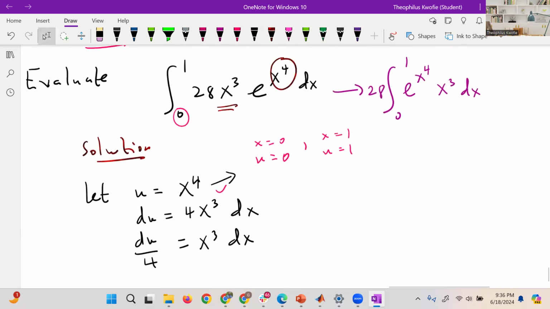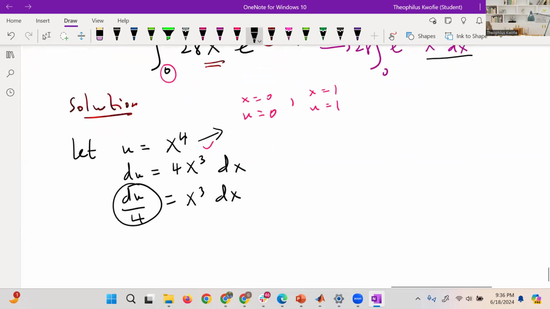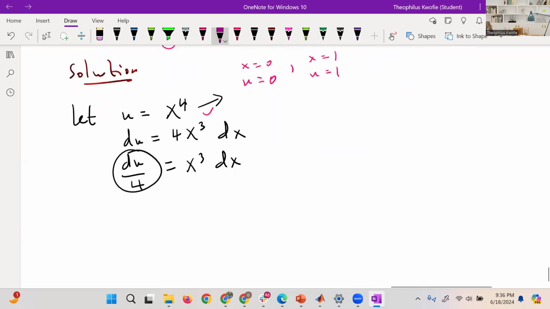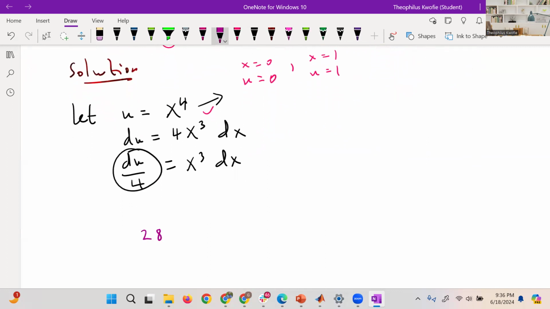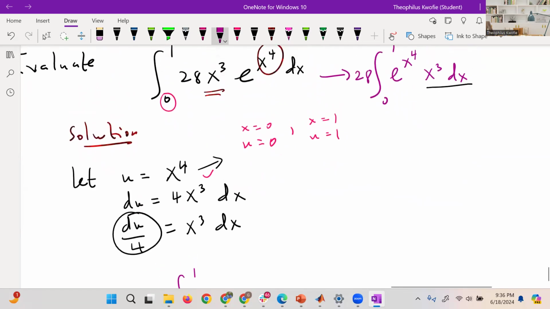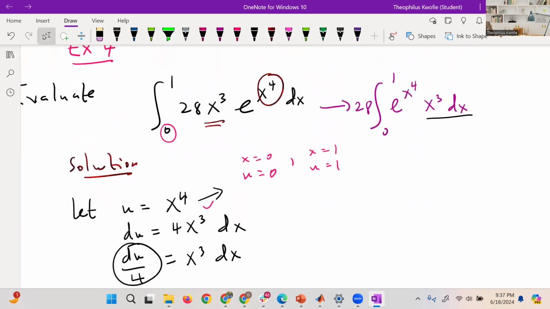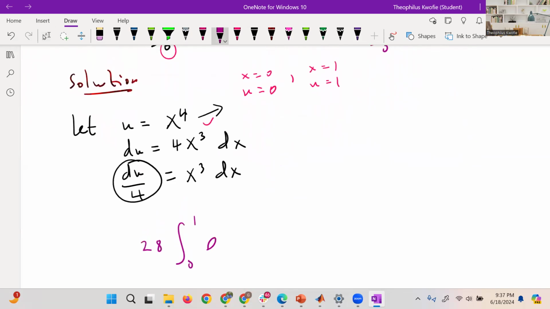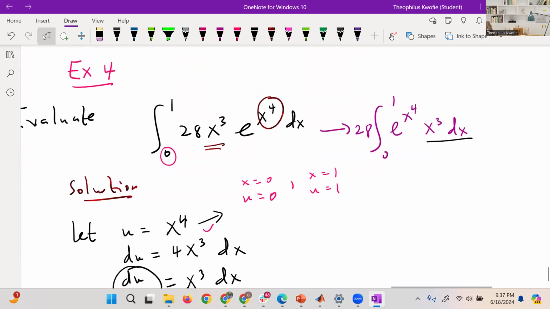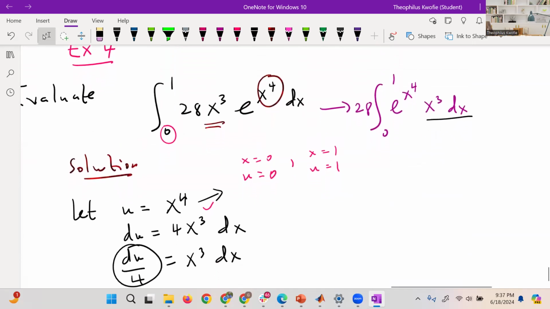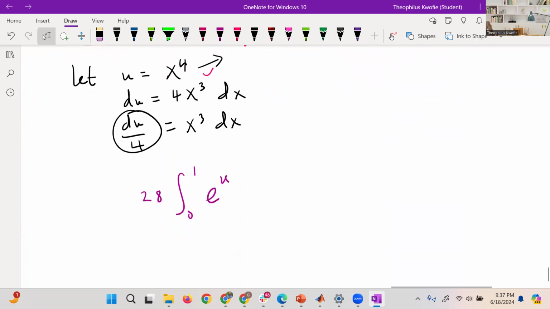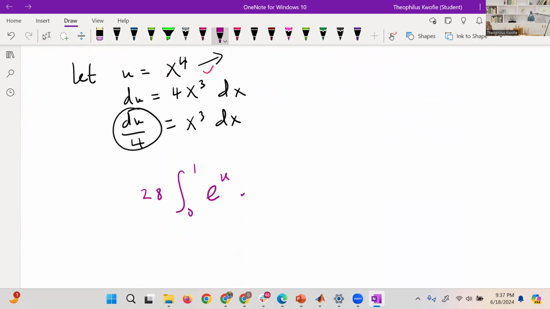So it means that over here we can just replace the x to the power 3 dx by this particular quantity, okay? With that being said, we can just go straight to the point. So we have 28 and we have e to the power u, and x to the power 3 dx is the same as du on 4.